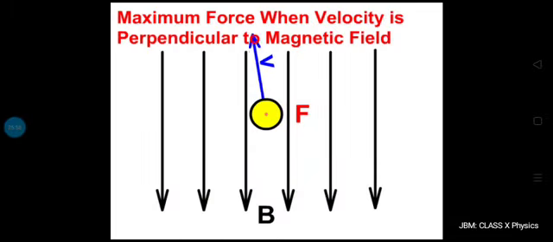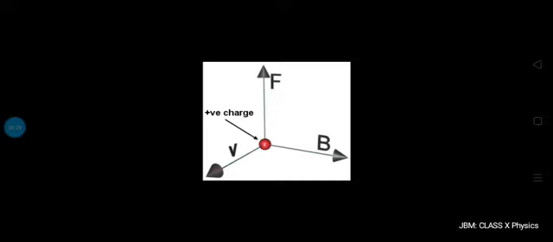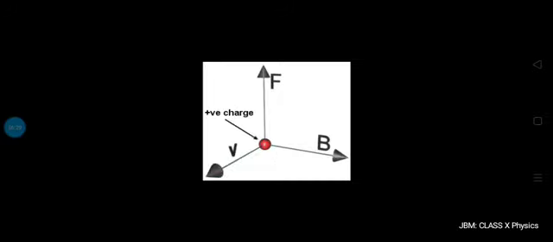So maximum force when velocity is perpendicular to magnetic field. Why is it so? Because force is dependent on the angle. See, the value of force, as we had seen from that expression, F is equal to BIL sine theta. The expression for force was actually obtained from the expression QVB sine theta. So the direction of force is very much dependent on the angle.